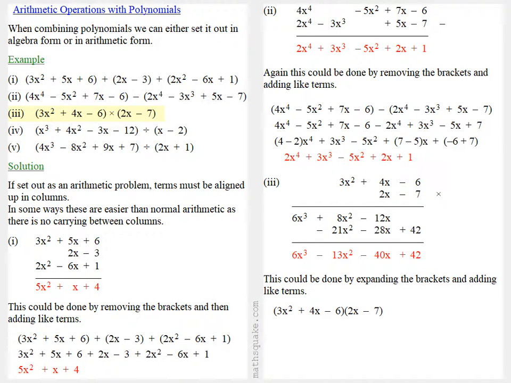So we multiply the first bracket with 2x minus 7. So that's 3x squared into 2x minus 7 plus 4x into 2x minus 7 minus 6 into 2x minus 7, and then we expand each of those brackets. Finally, we add up the like terms, and this gives us 6x cubed minus 13x squared minus 40x plus 42, just as we had before.